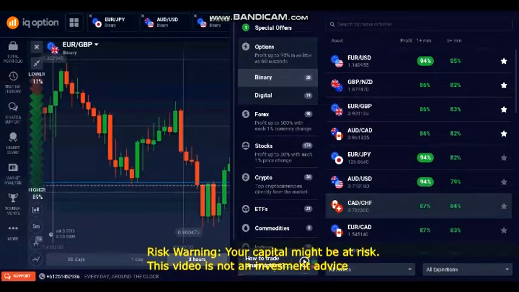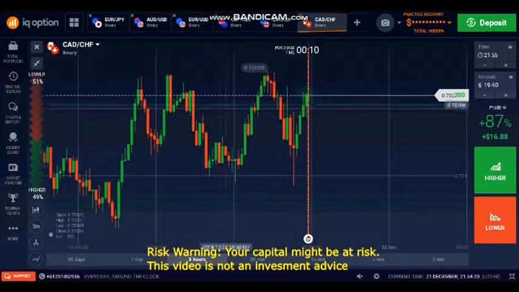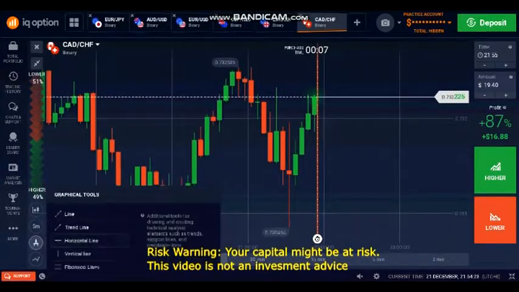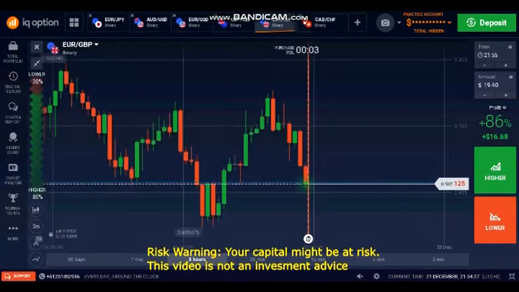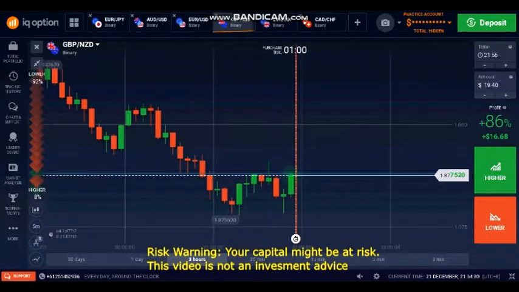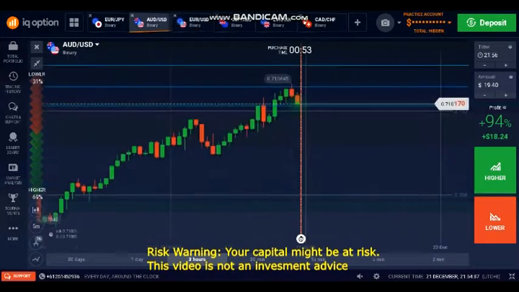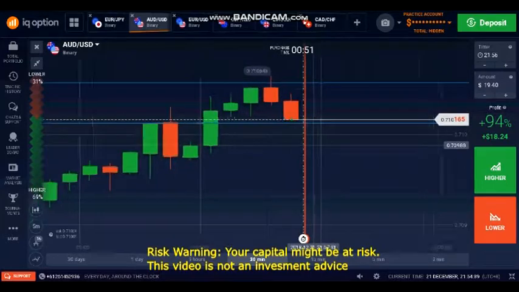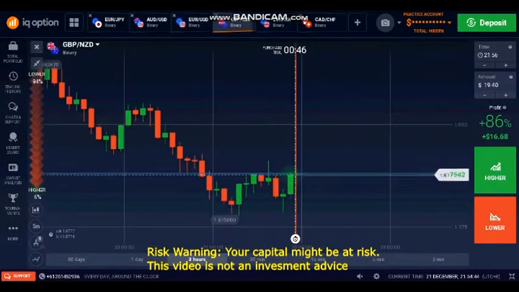CAD CHF might have a trade. Yep, that's a sub resistance level over there. So we can draw a resistance level over here, which is quite strong because it hasn't been broken. I think we might be able to enter two trades at the same time. I'm going to look for the best two trades to enter.